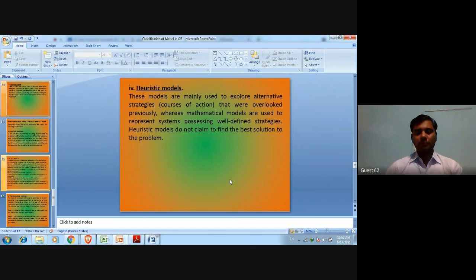There is a chapter in this subject, decision making. You have to make a decision from the alternatives that you have. Suppose that you have three courses of action according to the state of nature.